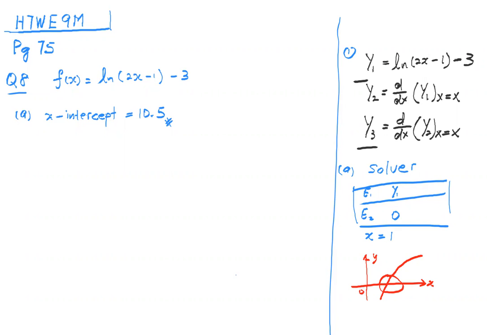Now I want to get into part B. For part B, I can also use my graphic calculator. How do I use my graphic calculator for part B? Can someone advise? You call out your Y1, you put 0. Then what do you get?